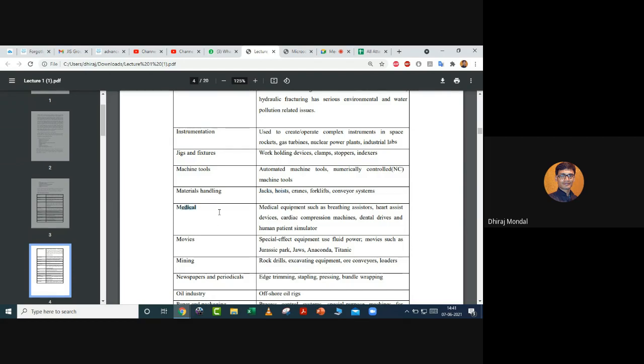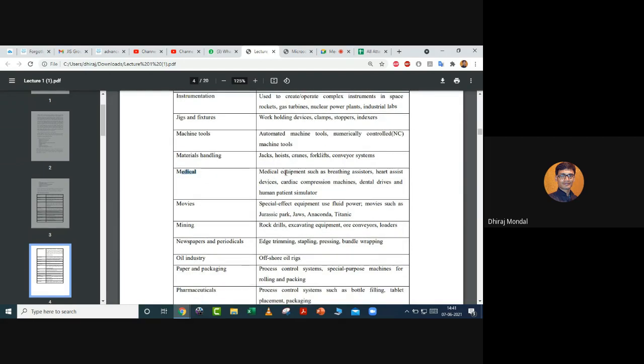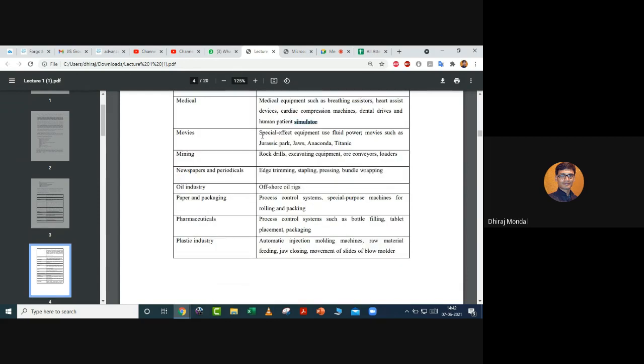In medical systems, we will see medical equipment such as breathing assisters, assist devices, cardiac compression machines, dental drives, and human patient simulators. In movies, special effects equipment uses fluid power.